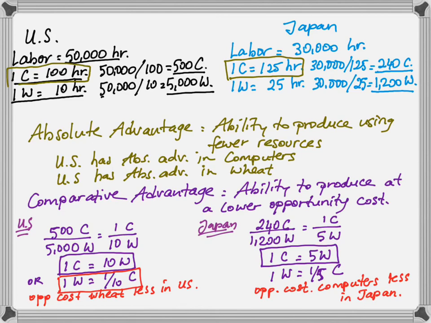As we see in this example, the United States has absolute advantage in the production of both goods, but still there is trade between the two countries, and both countries still benefit from that trade because there is a comparative advantage in each country.